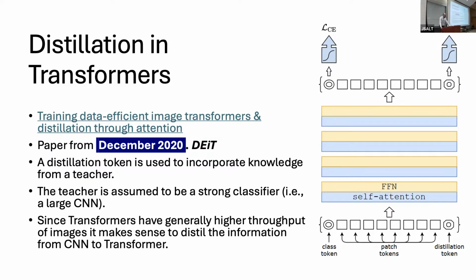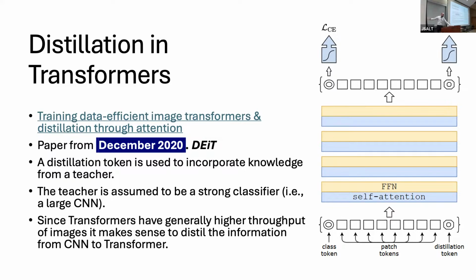And so you have your class token as in the vision transformer, and you add another token, which you call the distillation token. If I have a class, then I will use the class token, and also, let's say, the prediction from your convolutional neural network.